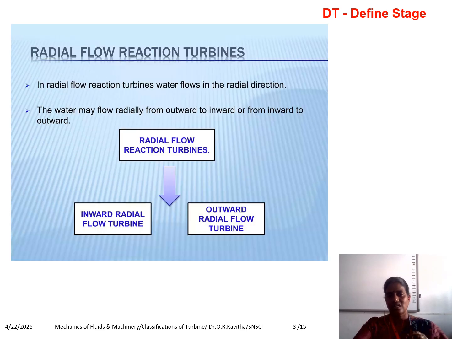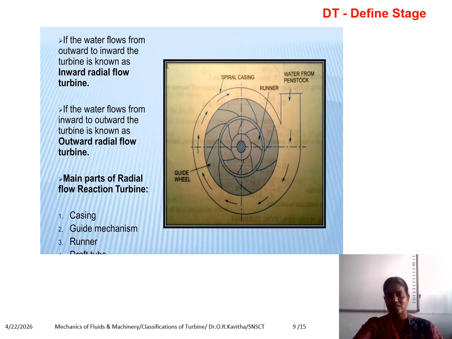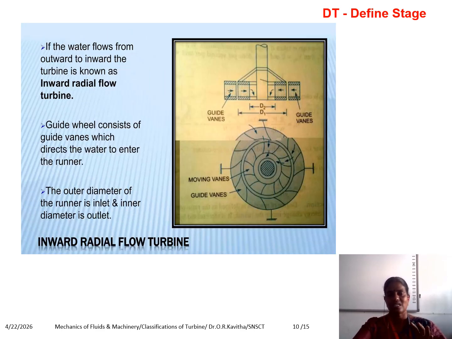Next, moving on to the radial flow turbine, as we saw already, it is classified into inward and outward flow turbines. The main components of a radial flow turbine are a spiral casing, a guide mechanism, a runner, and a draft tube to discharge the water.